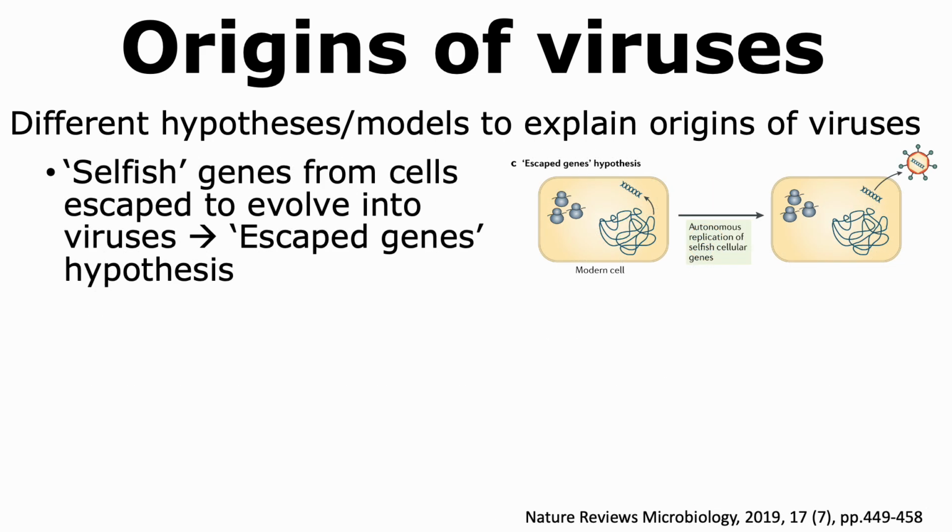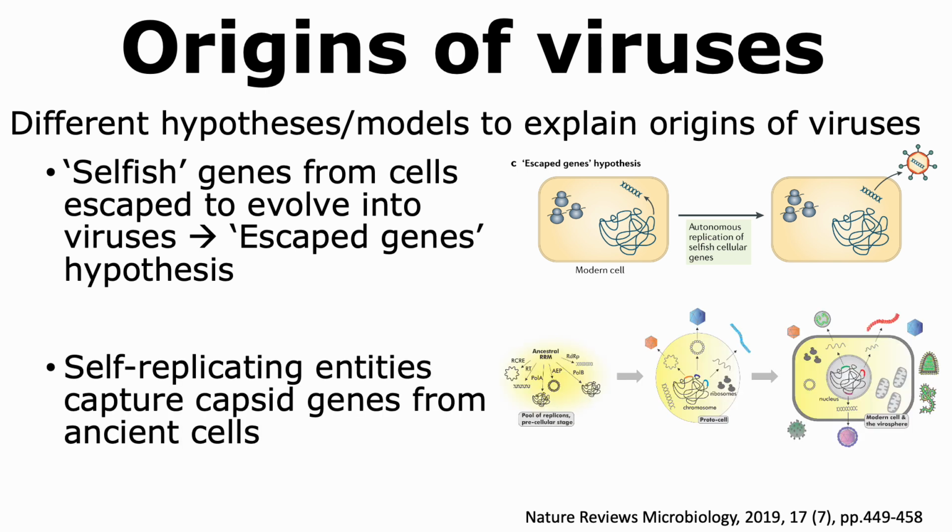The escaped genes hypothesis states that in normal cells, there were selfish genes that escaped, and when they escaped, they evolved to form viruses. A model that has been proposed in order to explain the origins of virus takes into account the virus early hypothesis that stated that we already have self-replicating entities around.